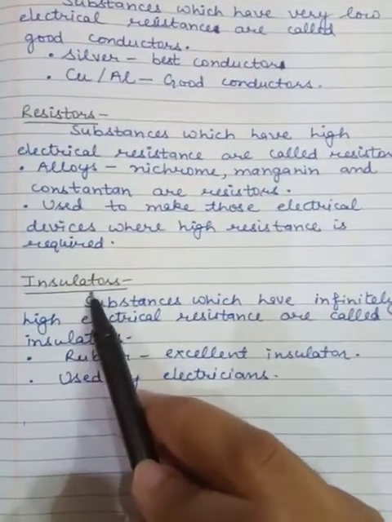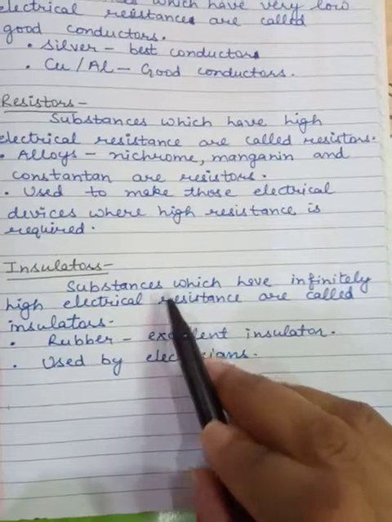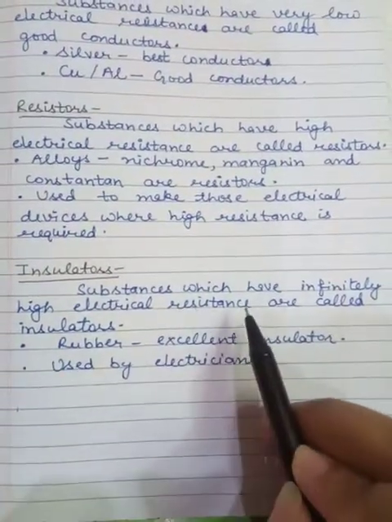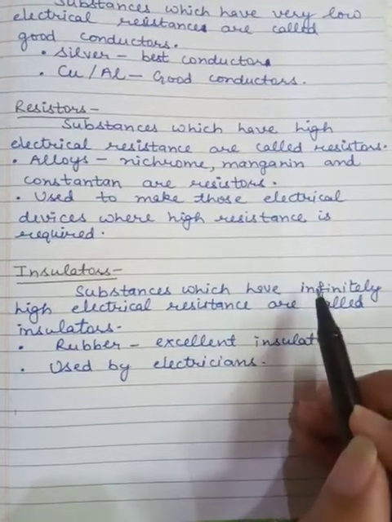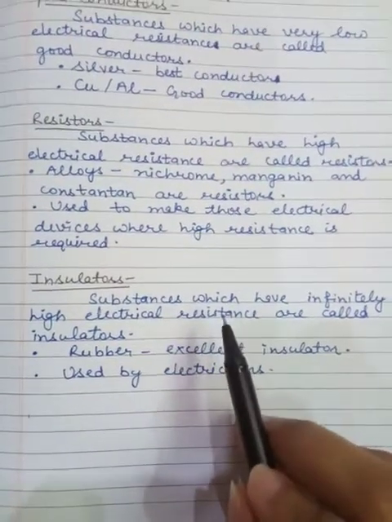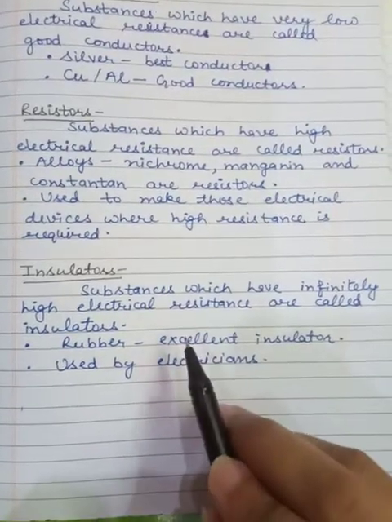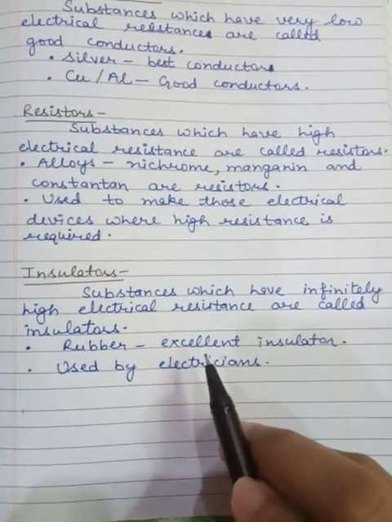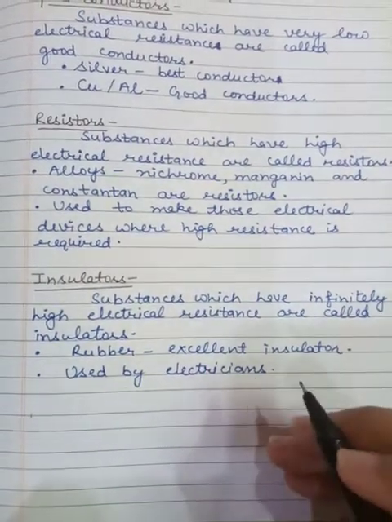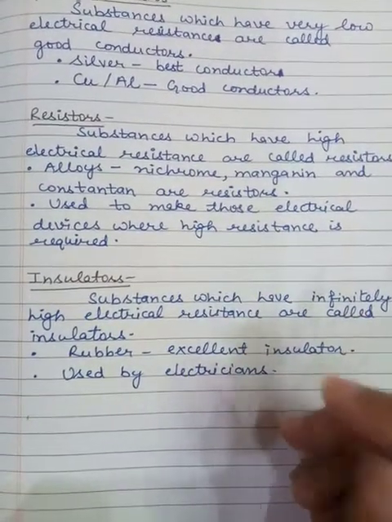Next one is insulators. Insulators are the substances which have infinitely high electrical resistance. Means they have very high electrical resistance, and they generally do not allow the electric current to pass through them, or we can say they do not allow the electric current to pass through them easily.